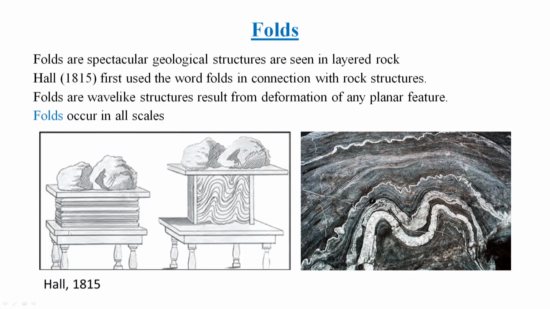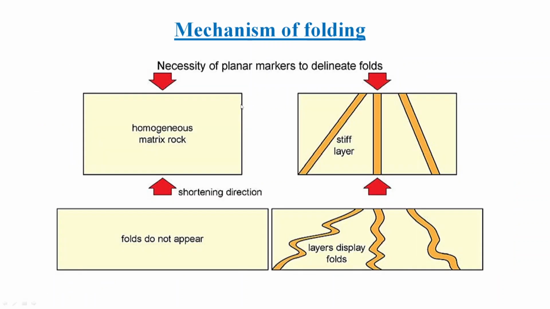And here is the first few examples of an experiment that was conducted by Hall, where he used layers of cloths as an analog to the natural layering of rocks, and then he simply pushed the two sides of the box, and he generated folds or wave-like features within those cloths, which were used as an analog to your rock layers.